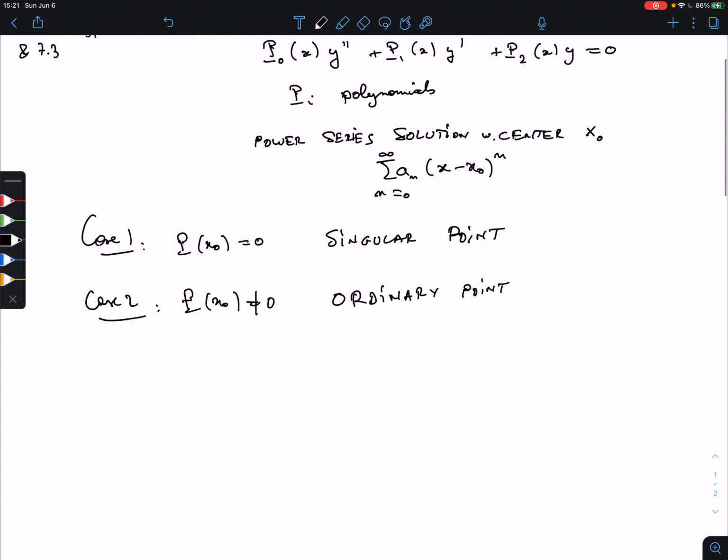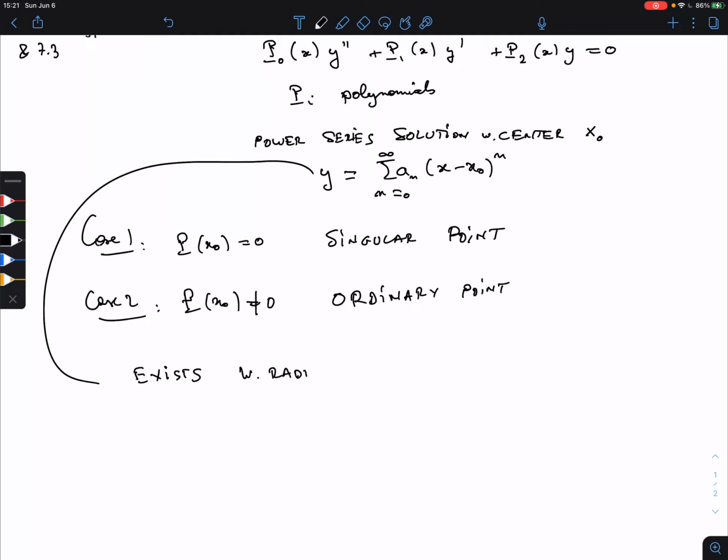Now, there's a general fact that such a power series solution exists, and we can even predict its radius of convergence. The radius of convergence is at least, it could be bigger, the distance from x0 to the nearest root of p0.